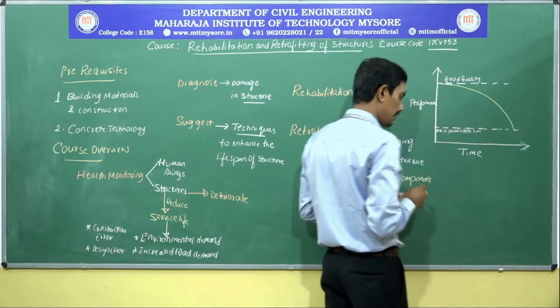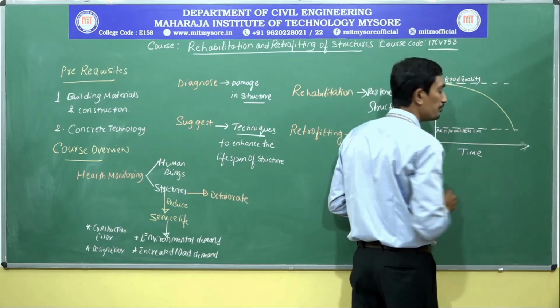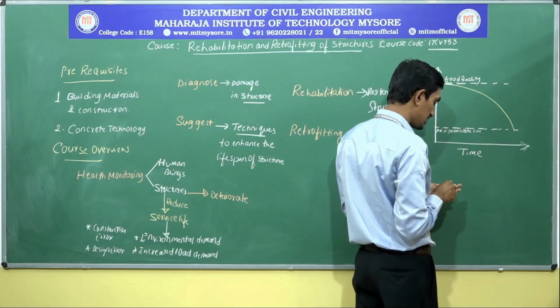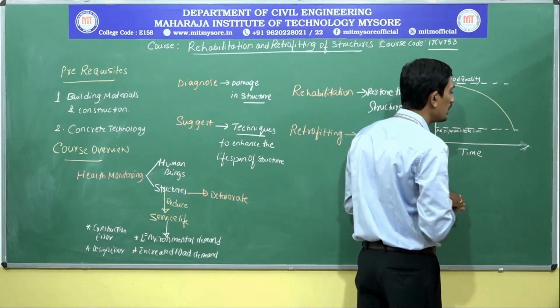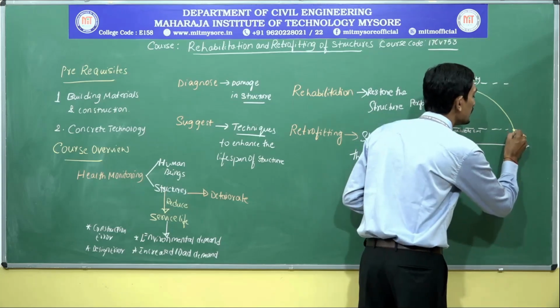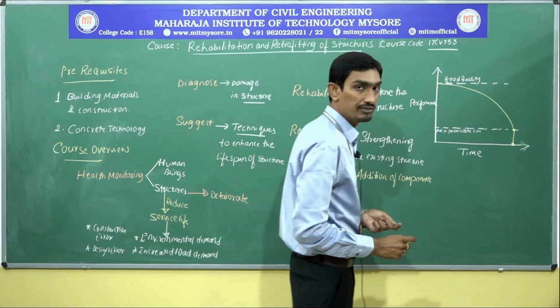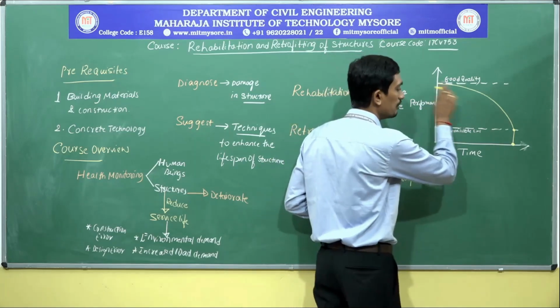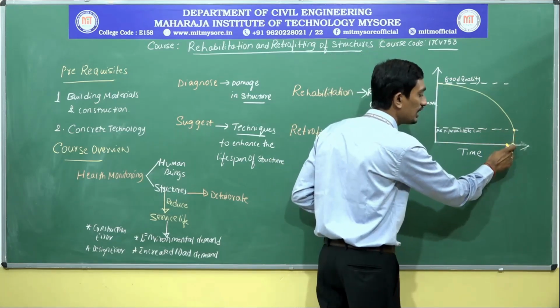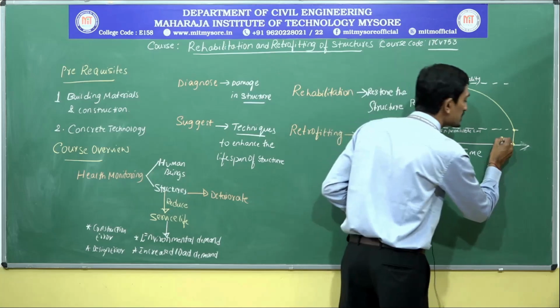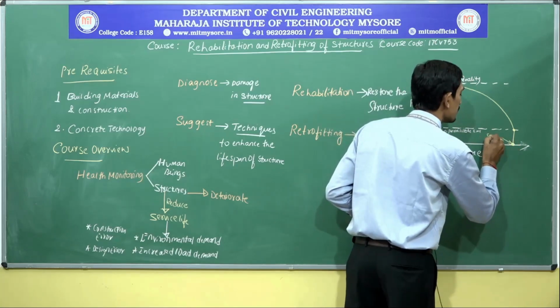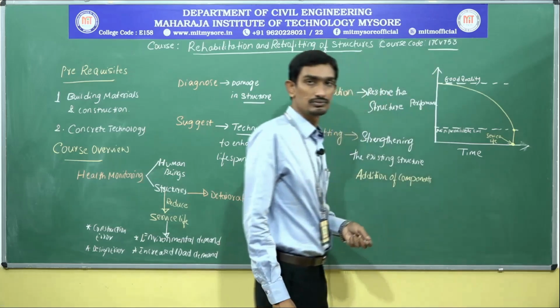Next, after reaching the permissible limit, the structure will tend to reach the end of its service life. After reaching the minimum acceptable limit, it will finally reach the end of its service life. So this is where the service life ends.